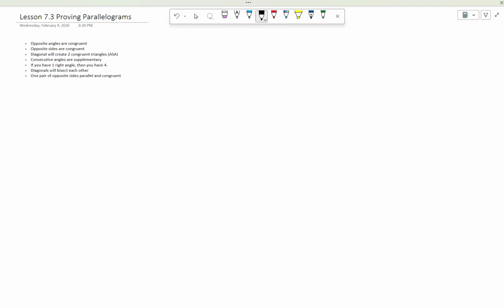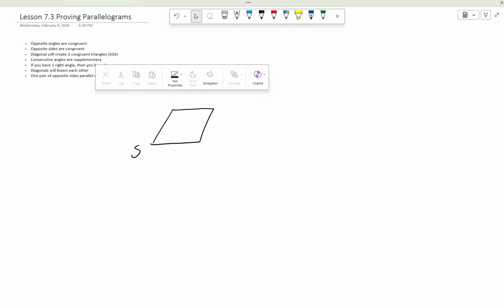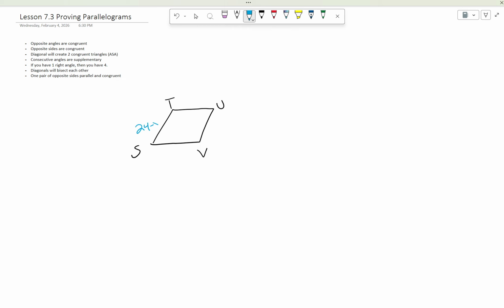Next, let's get a parallelogram and do some examples here. This isn't a very good looking one, but it is a parallelogram nonetheless, because I will identify it as that. I have 24 minus x, 2x plus 3, x plus 6, and y.